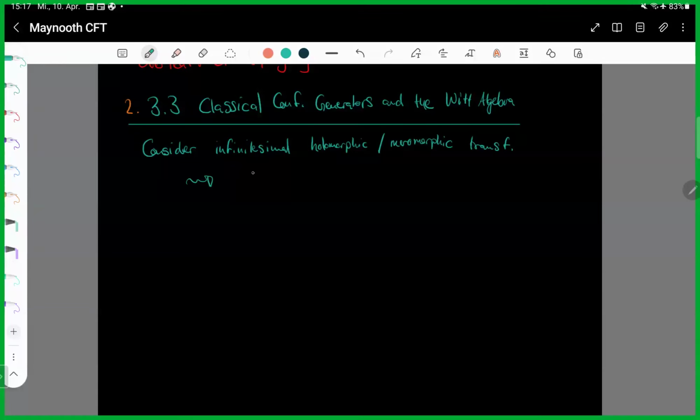And those have a Laurent expansion. And the Laurent expansion, just let me remind you.